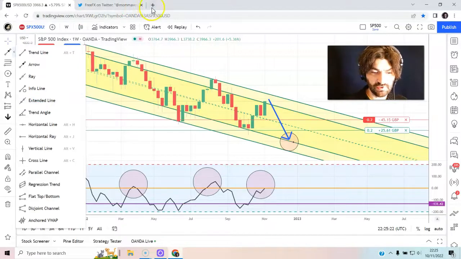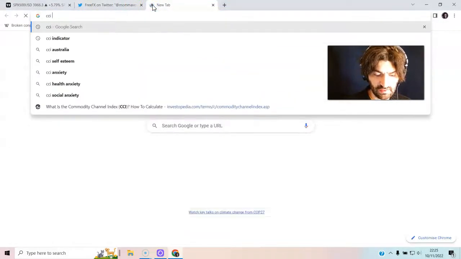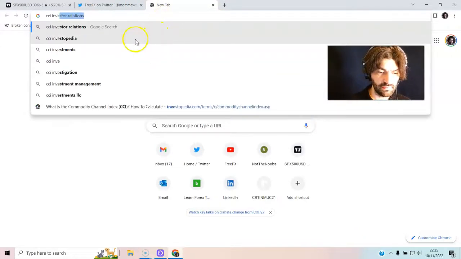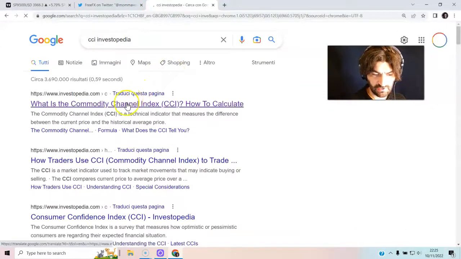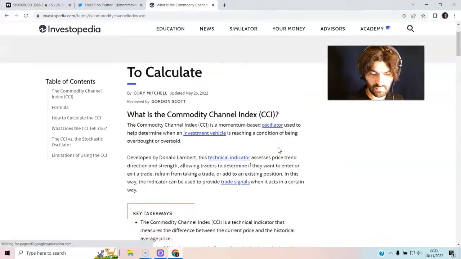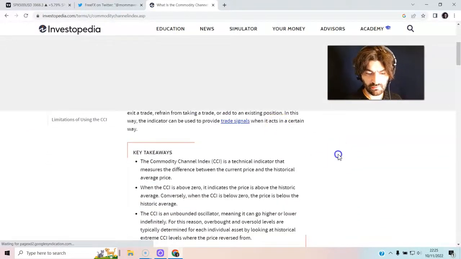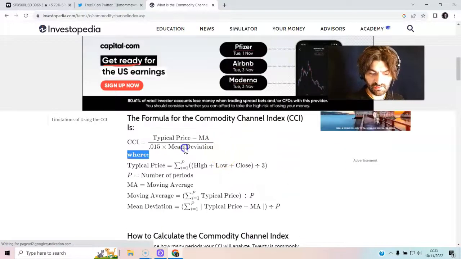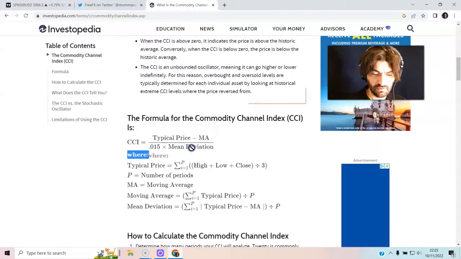If I put up the CCI Investopedia, you'll see the definition there, and you'll see the formula. It's mean deviation, and typical price.